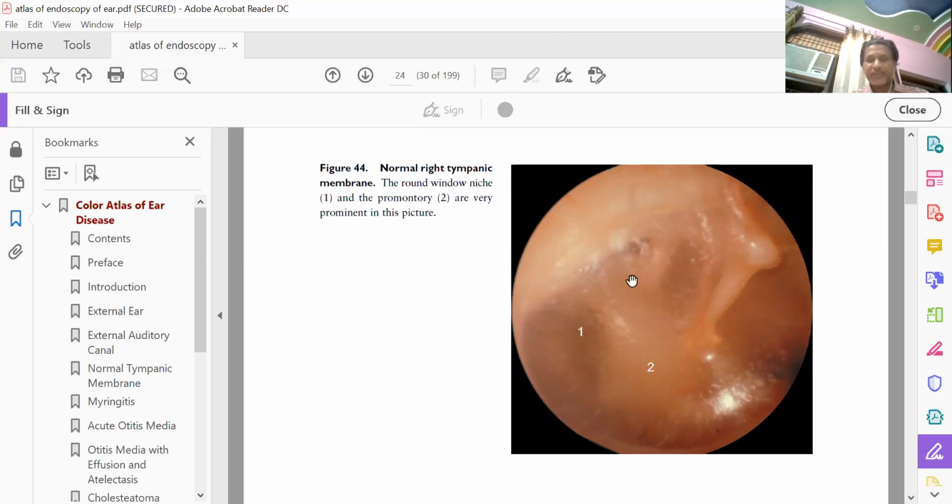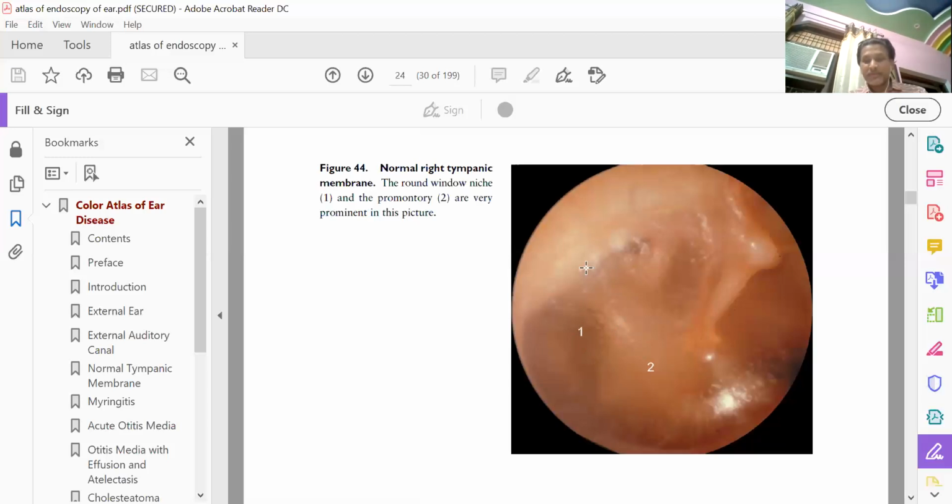Here is supposed to be the oval window or the footplate of the stapes. In between the round window and the oval window, this prominence is called the promontory. Behind and inferior to the promontory is the round window, and superior and posterior to the promontory is the oval window, and here is the facial recess area in which cholesteatoma tends to hide.